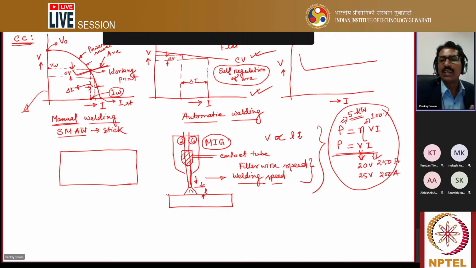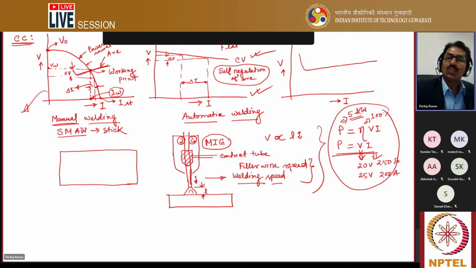Once you purchase a welding machine, a welding manual, a handbook, will be provided by the welding company who supplies the machine. In that manual, you will find different types of information related to power requirement, current requirement, voltage requirement. So these things you can easily find out.